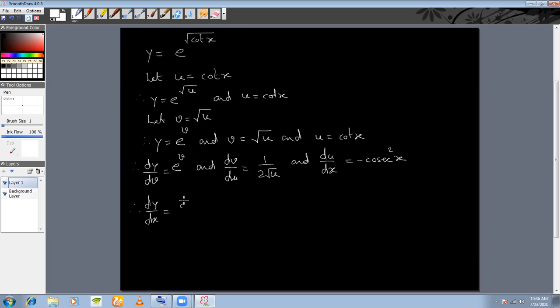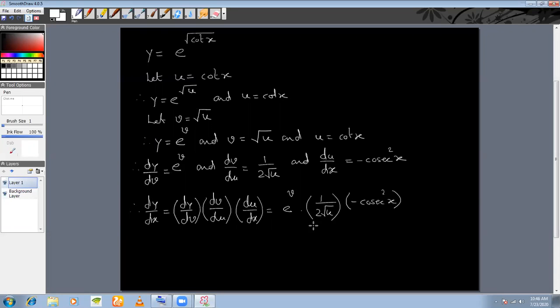Therefore, dy/dx is a product of all these three: e to the power of v into 1 by 2 root u into minus cosec square x.